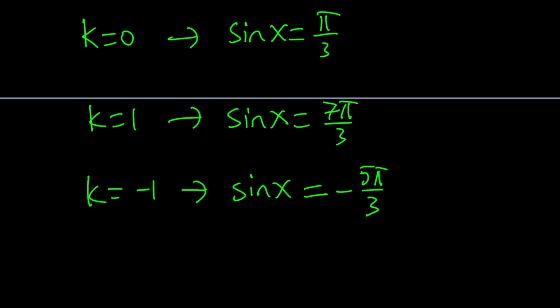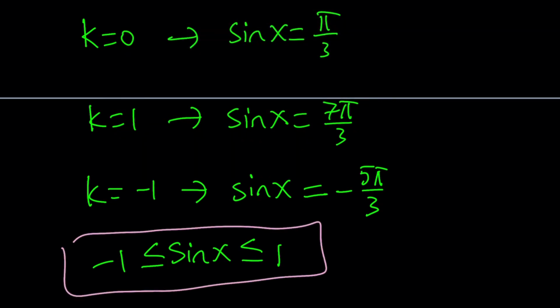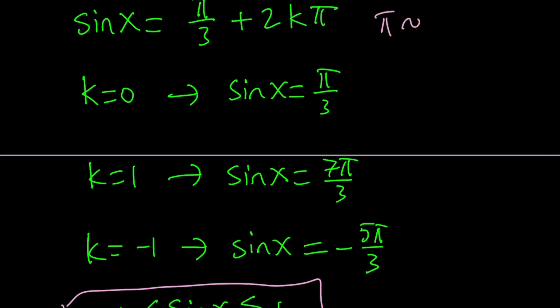Now, one thing to remember with trigonometric equations all the time is sine x and cosine x are always between -1 and 1 inclusive. That's a very important rule that you need to follow. Now, why did I say that? Because pi over 3, as you know, pi is about 3.14, right? So pi over 3 is actually going to be greater than 1.